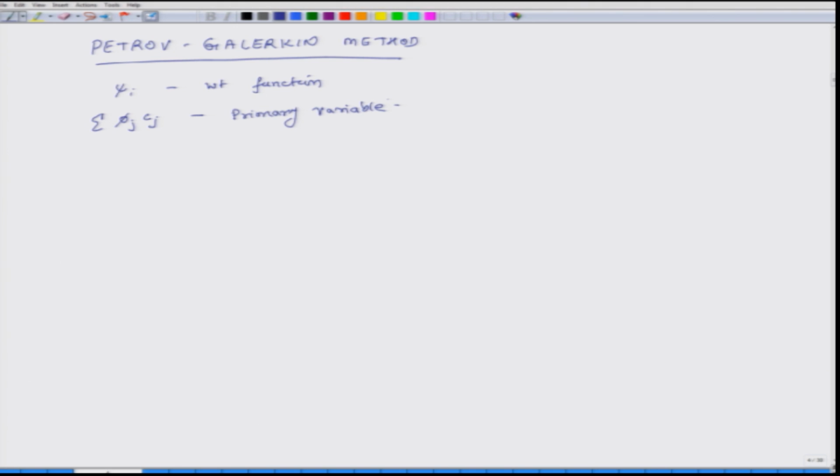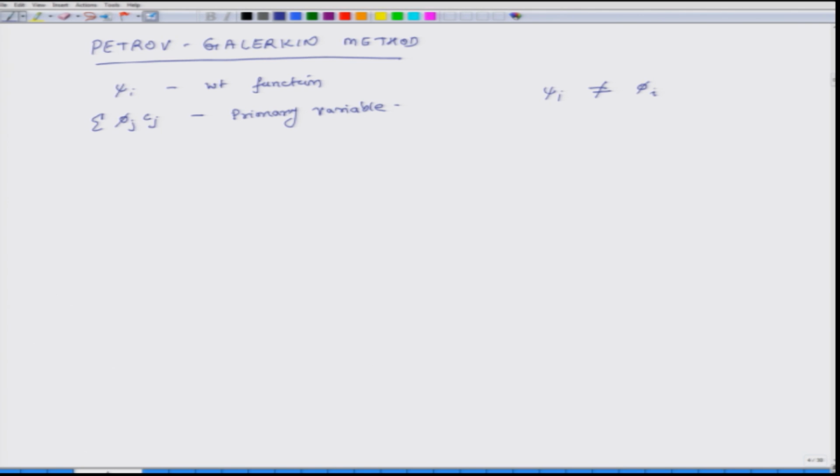So in the Petrov-Galerkin method, there is only one restriction on the choice of psi, and that restriction is that psi I should not be equal to phi I.